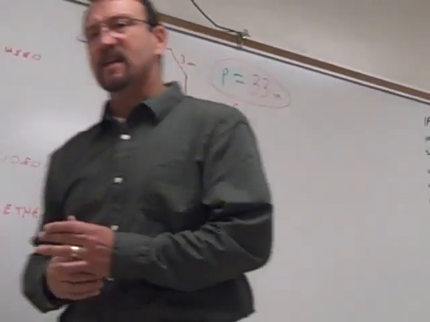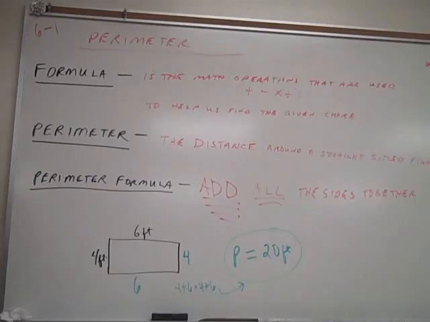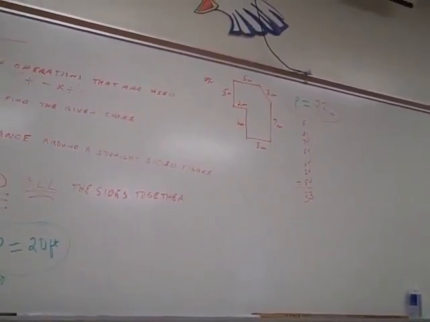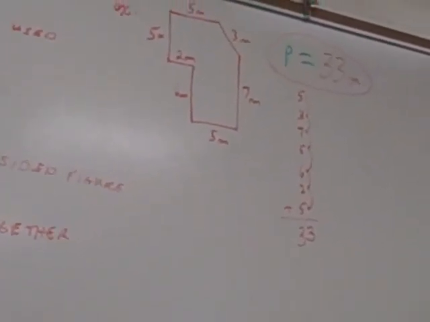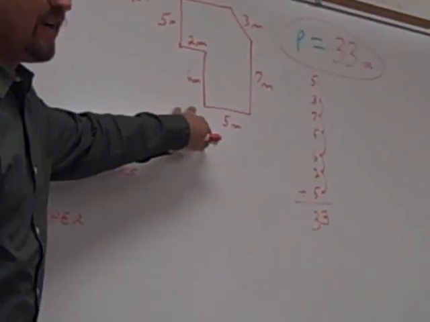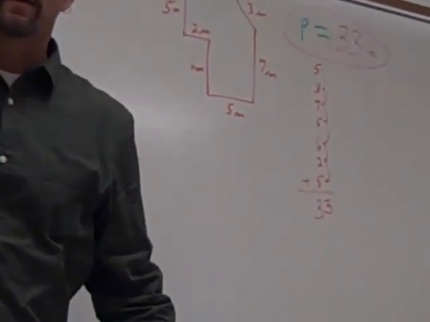Very, very easy concept today, y'all. Perimeter. You can use this funky thing, formulas, for the rectangle. But when they give us an irregular figure, these formulas are thrown out the door, aren't they?